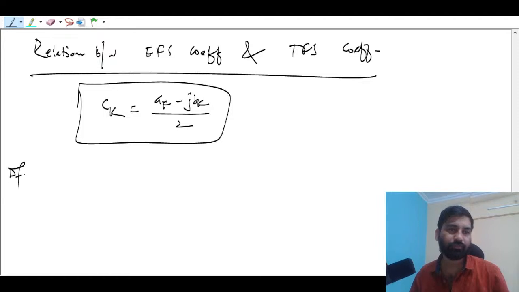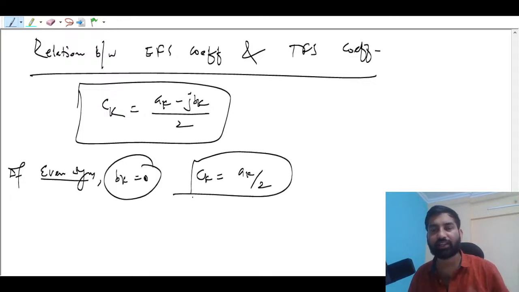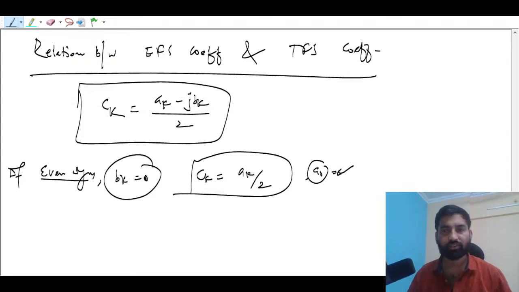So if even symmetry is there, your BK is going to be 0, right? If even symmetry is there, BK will be 0, guys. So your CK will be what? AK by 2. Only you have to compute AK and A0 separately, okay, and this is C0.